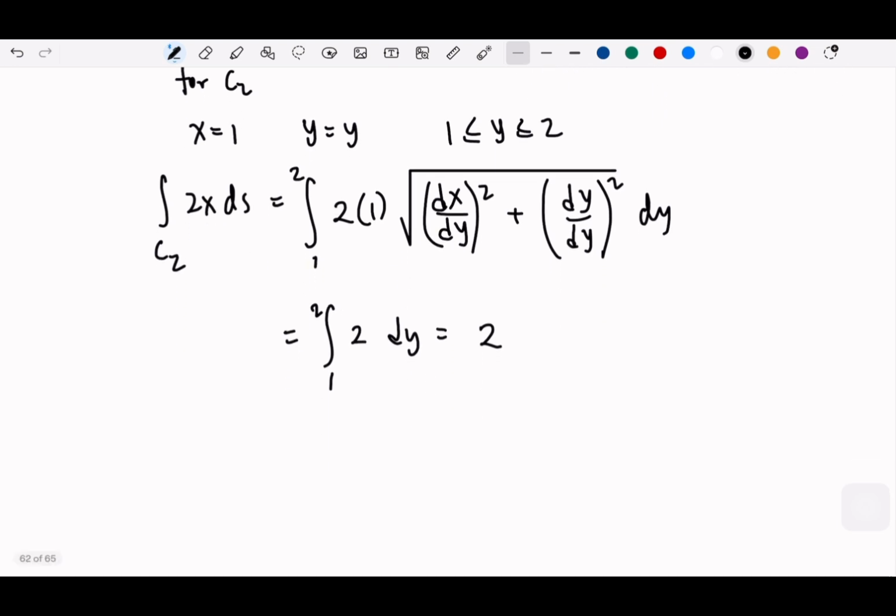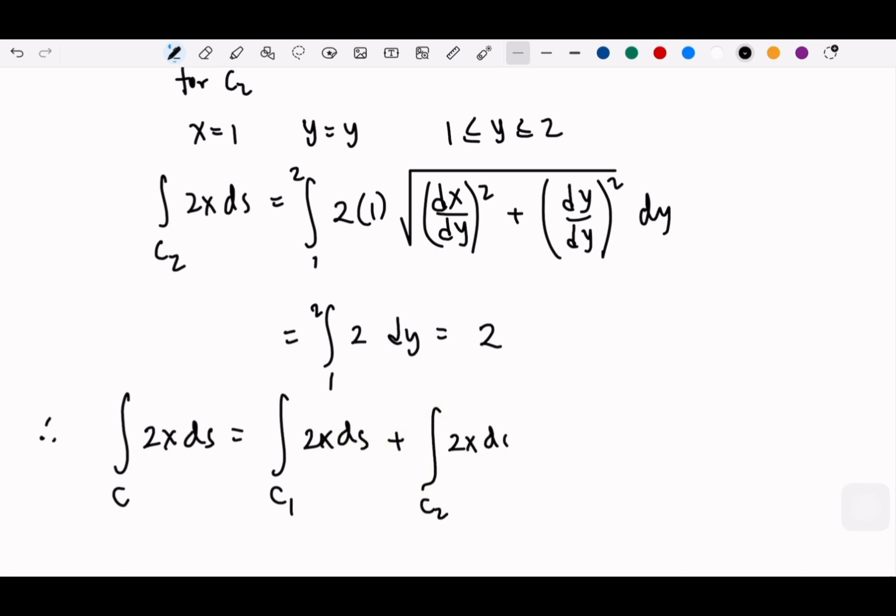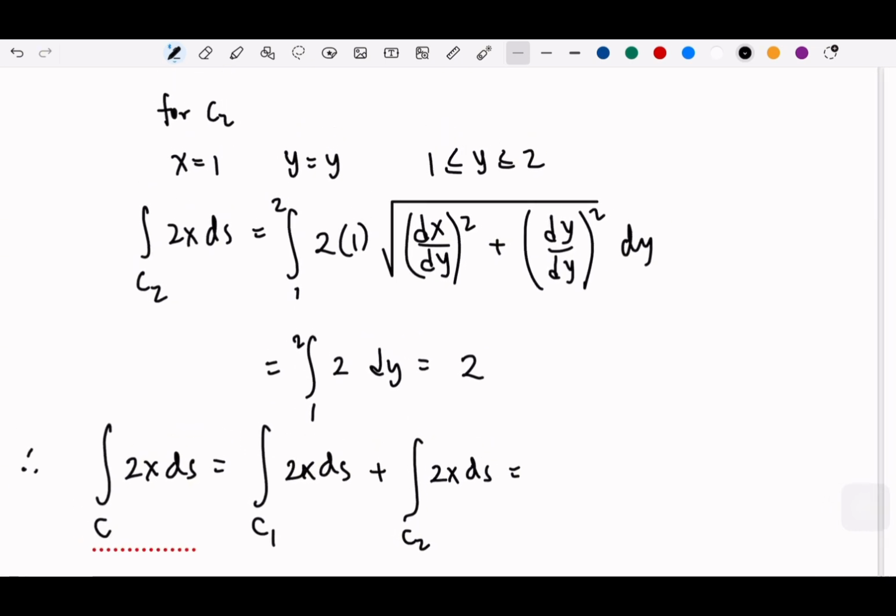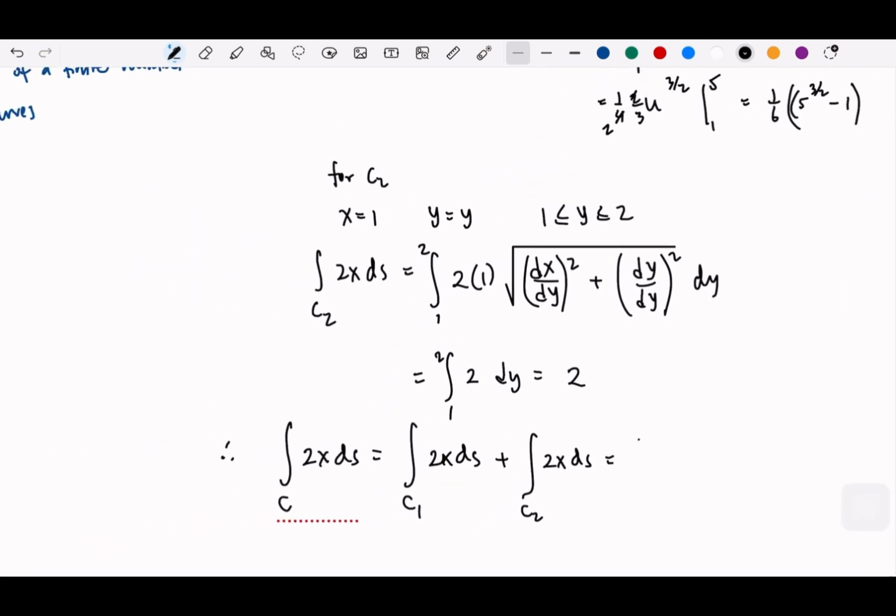So the total is the integral over C1 of x ds plus the integral over C2 of x ds. This will be 1 over 6 times (5 to the 3 over 2 minus 1) plus 2. Okay. And yeah, that's it.